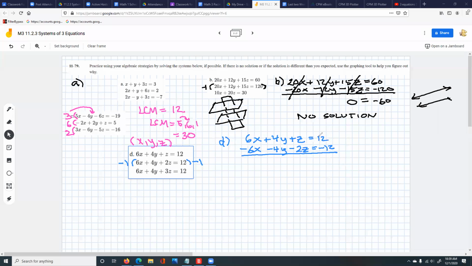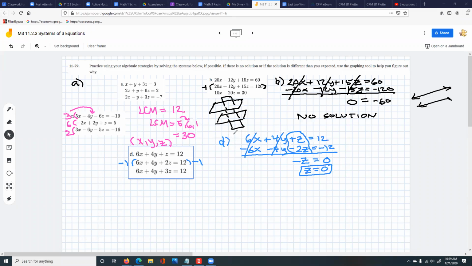So when I add these two together, the x's are going to go away, the y's are going to go away, but the z's are not going to cancel. -2z plus z is -z, equals -12 plus 12, which is 0. If I divide by -1, I get z equals 0. Oh, we got a solution for z. So they don't all eliminate. So this has a solution, kind of.